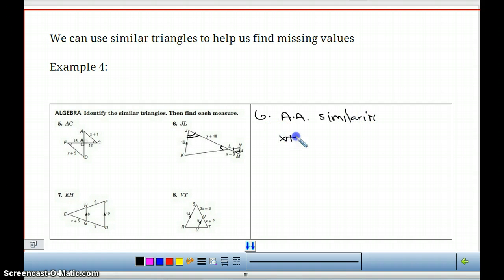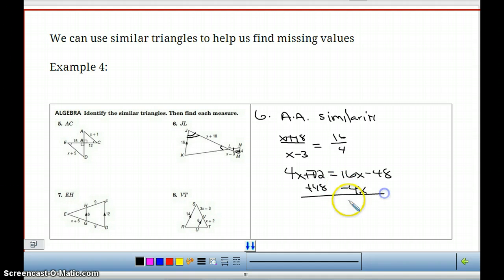which means that x plus 18, going between the two congruent angles, matches up with x minus 3, and 16 matches up with 4. So again, that's 4x plus 72 equals 16x minus 48. So we'll add 48 and take away 4x. And if I do the math correctly, that's 120 equals 12x.